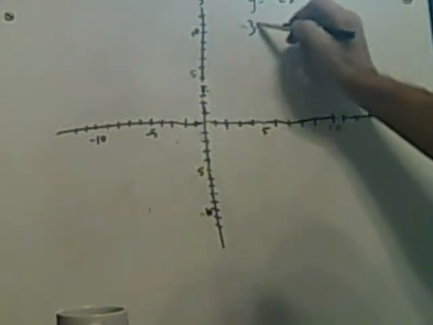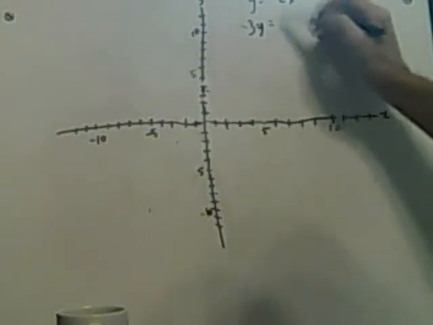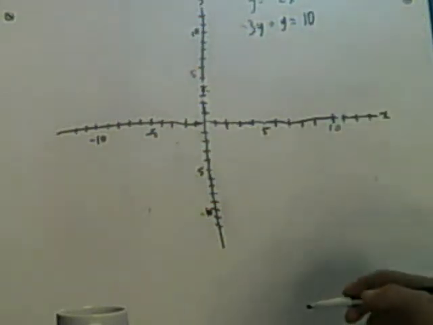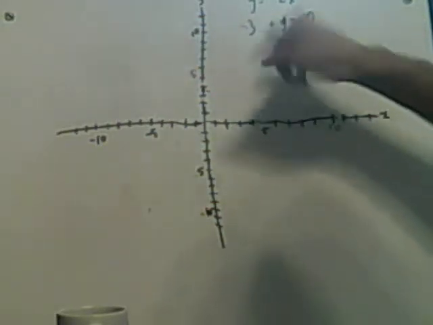Y equals negative 2x, and negative 3x plus y is equal to 10.